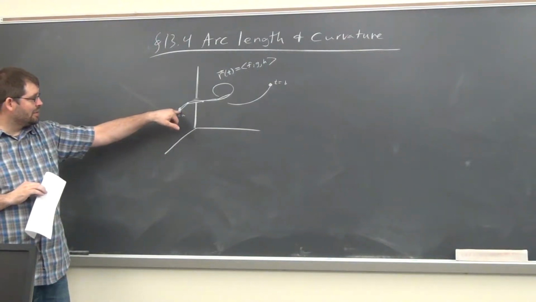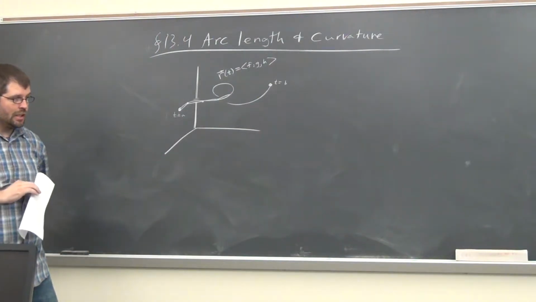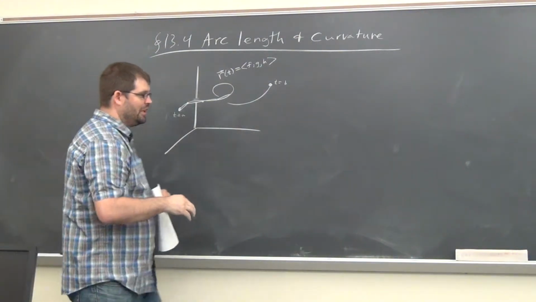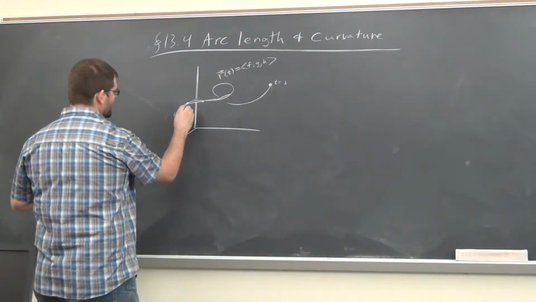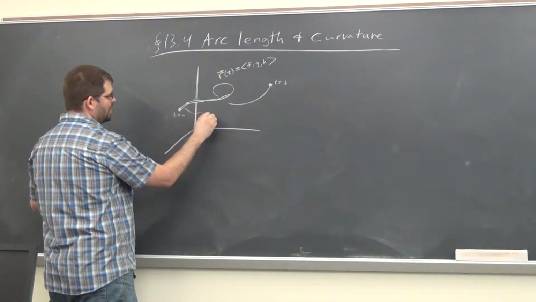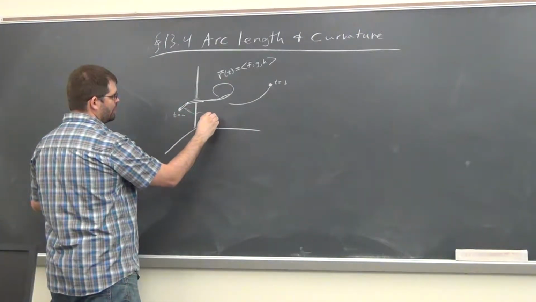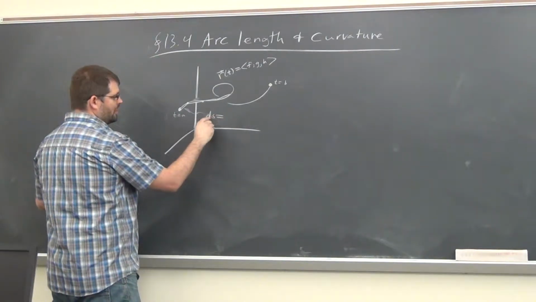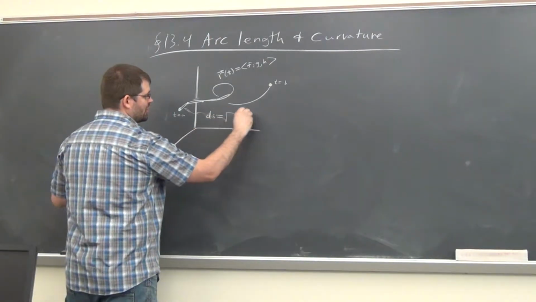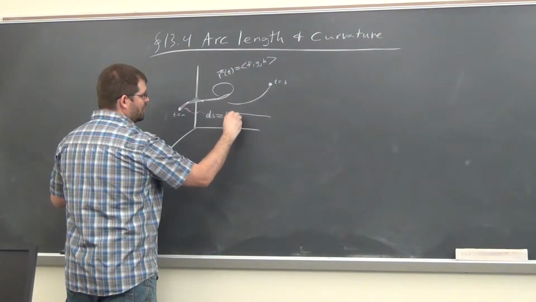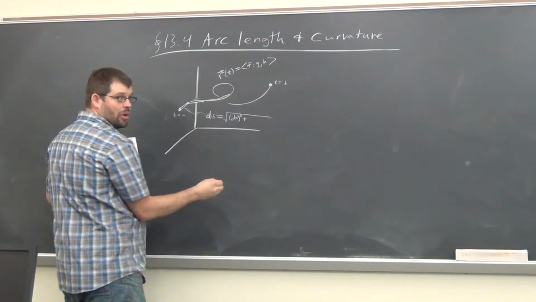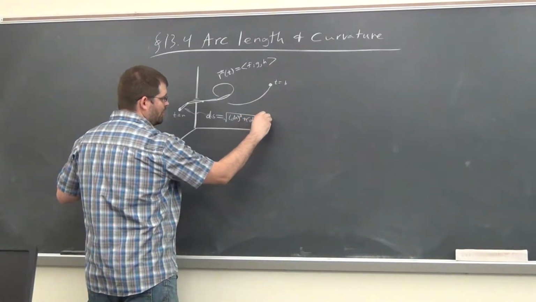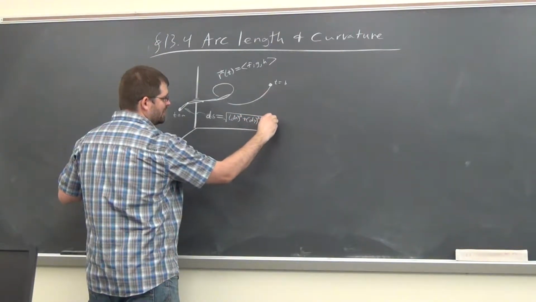So you just put these straight line segments on here. And the distance between two points, I'm going to abuse notation here a little bit, ds, the distance between those points, is just the square root of your change in x squared plus your change in y squared plus your change in z squared.